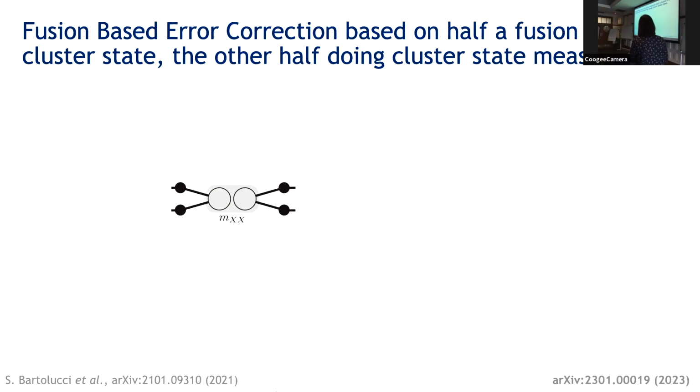So there are two ways in which we can use fusions to build a whole cluster state. I'm just talking about one of those techniques, which is based on half fusions, which is that one type of measurement, XX or ZZ, makes a cluster state, and the other part of the fusion actually does the measurement of the cluster state itself. It's a little bit confusing. I will explain it to you.